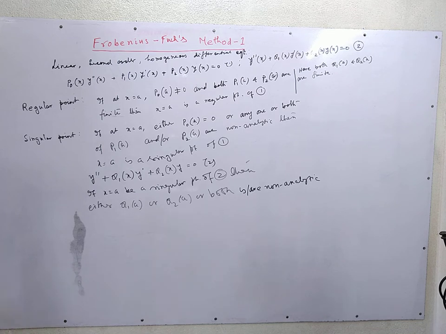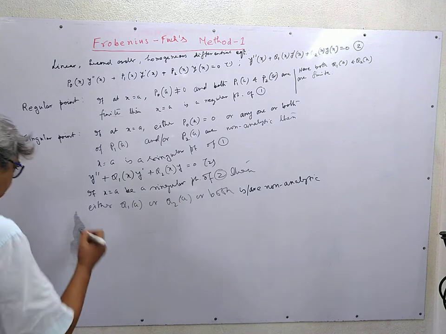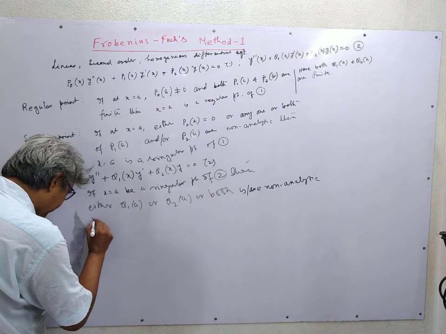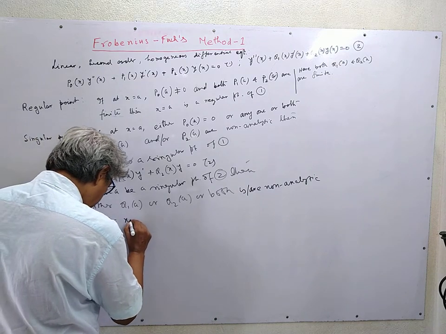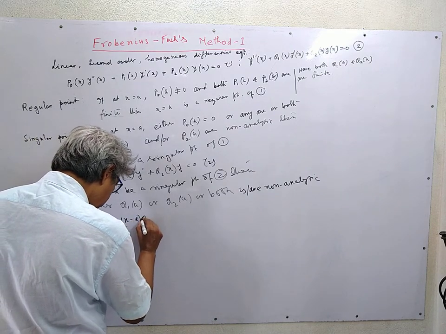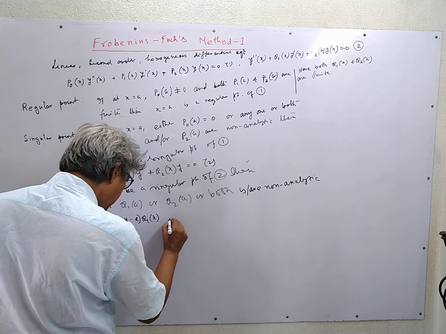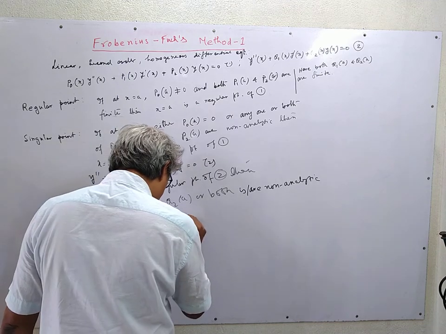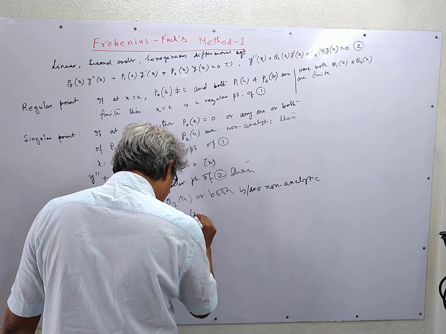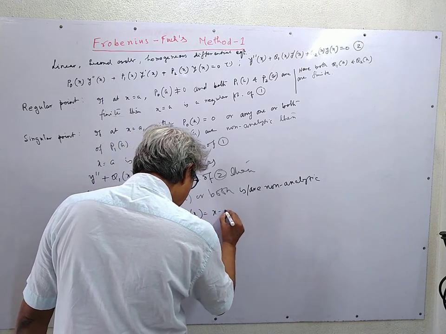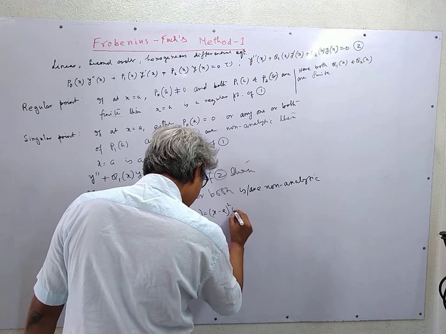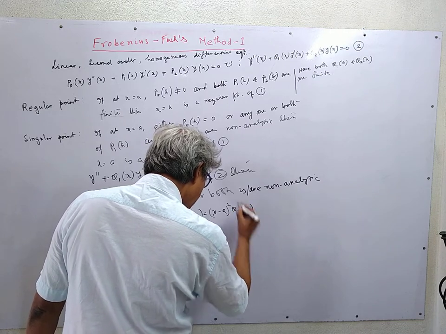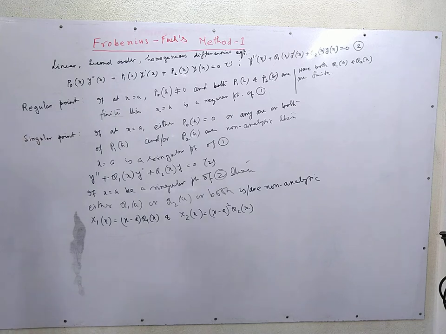To define that type of singularity, we define the functions x1 of x and x2 of x equal to Q2 of x.